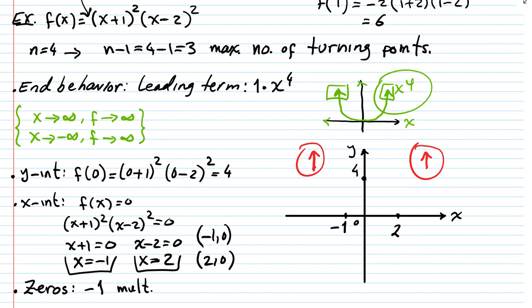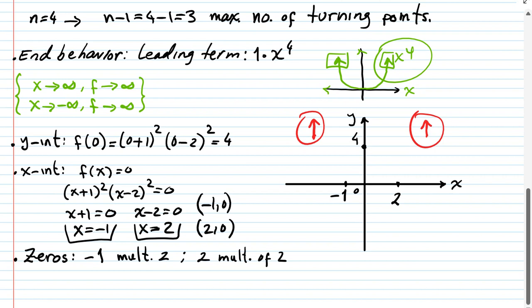So remember, the -1 came from this factor, so it has a multiplicity of 2, right? And why does it have multiplicity of 2? Because the exponent is 2. So is the next one. Each of those has a multiplicity of 2: -1 has multiplicity of 2, and also 2 has multiplicity of 2. Both of those.